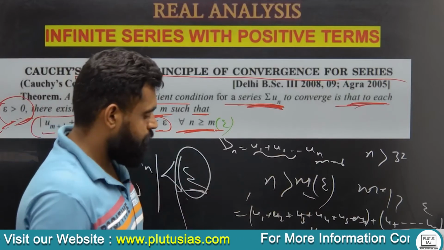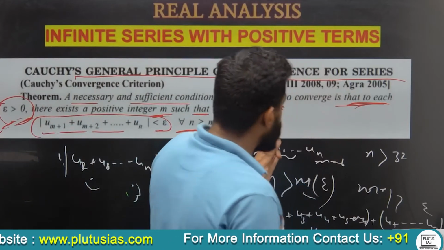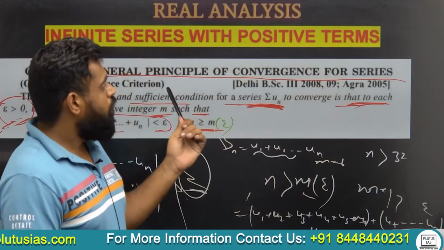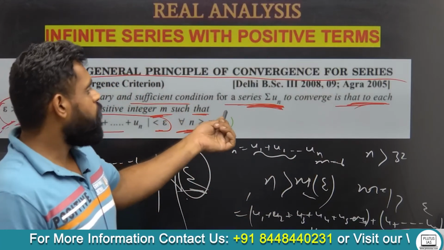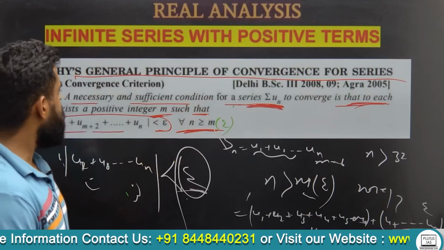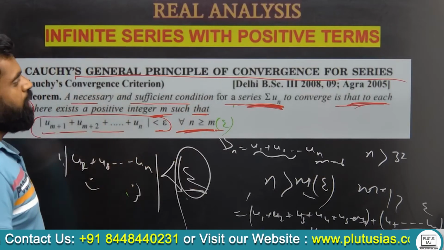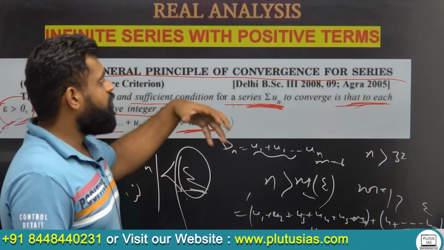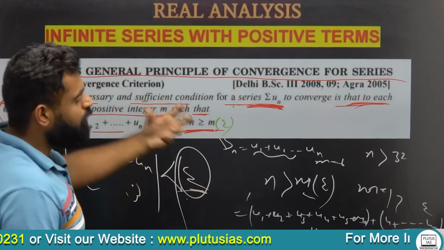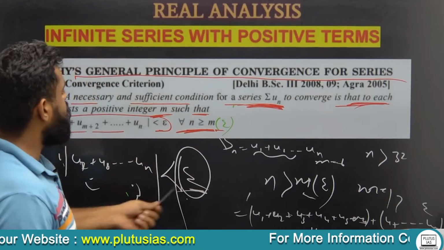Okay. This is a very important theorem, and it is in the sequence part also, and also for the series part. And this whole concept, what does a limit mean, or what does convergence mean, is to understand this whole concept.